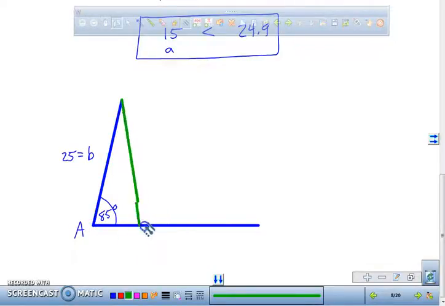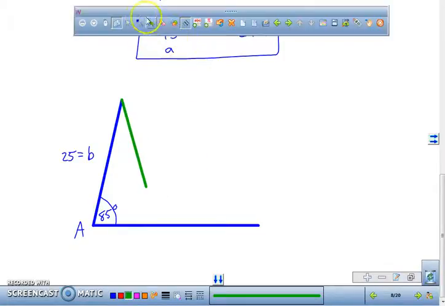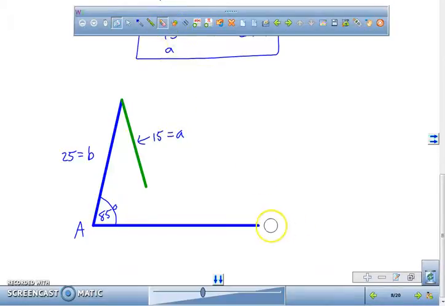This side right here would definitely be way too big. 15 is going to put you right about here. So no matter where I put this 15, is this ever going to make a triangle? Never going to make a triangle. So this could be 15 all day long, which represents your side A. And what's never going to happen? It's never going to be able to build a triangle.